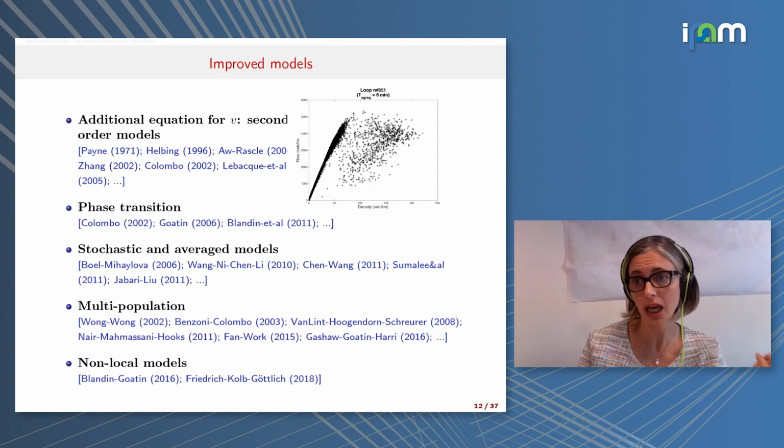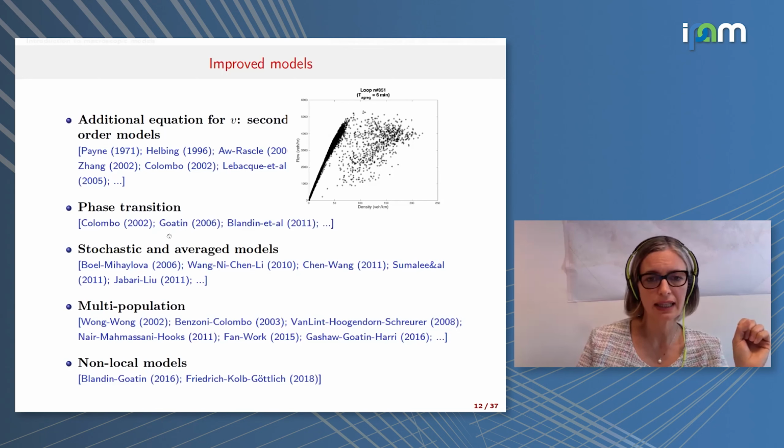And so we can couple first order and second order models in what are called phase transition models. Then there are other models explaining this scattering by stochastic and averaging tools.